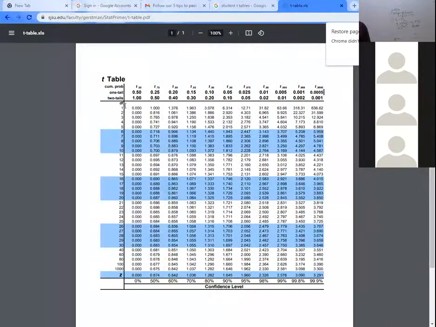You can see degrees of freedom V, you go to 9. And for T.975, it is here. At the intersection, you'll see 2.262. I hope that is helpful.